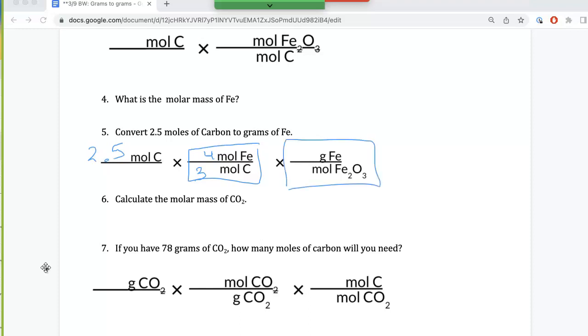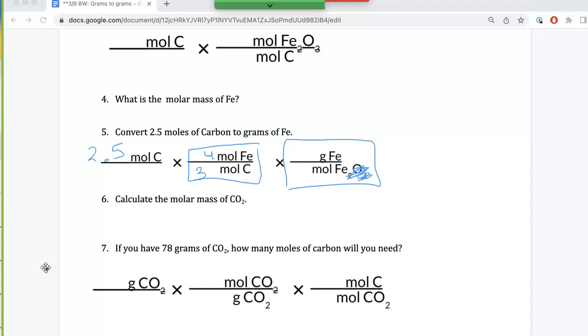Anytime I have moles to grams, and this should actually be just moles of Fe because that's what it's going for. I could never go moles of iron oxide to moles of iron, or to grams of iron, so I'm sorry if that confused you. But anyways, anytime I'm going grams of one compound to moles of that same exact compound, I use the molar mass that I get from the periodic table.